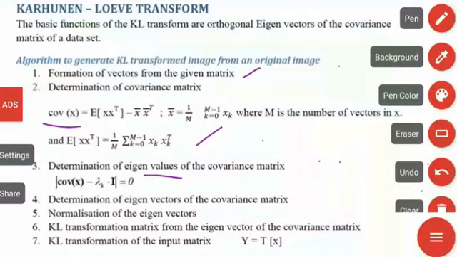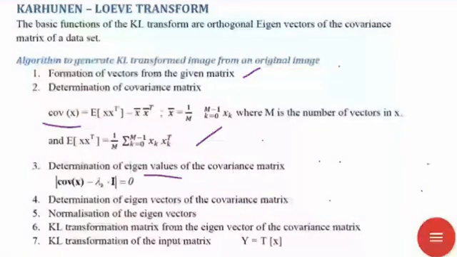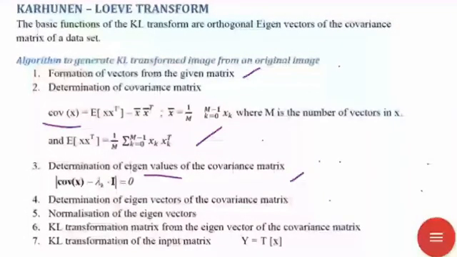Now, determination of the eigenvectors of the covariance matrix. From the eigenvalues, determine the eigenvectors. It has a certain procedure, which will be discussed in the problem. Then comes normalization of the eigenvectors.